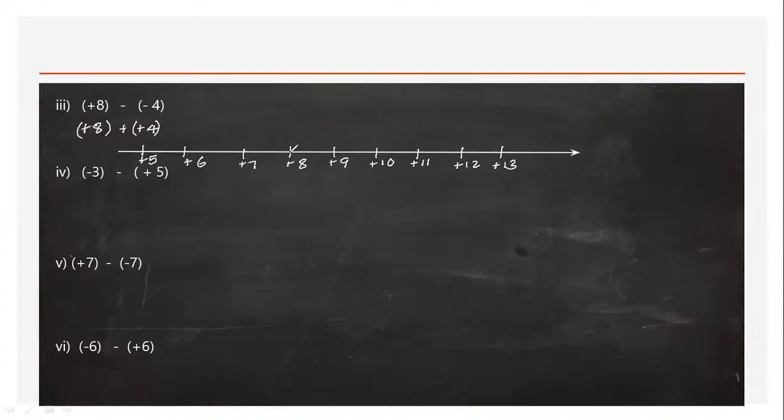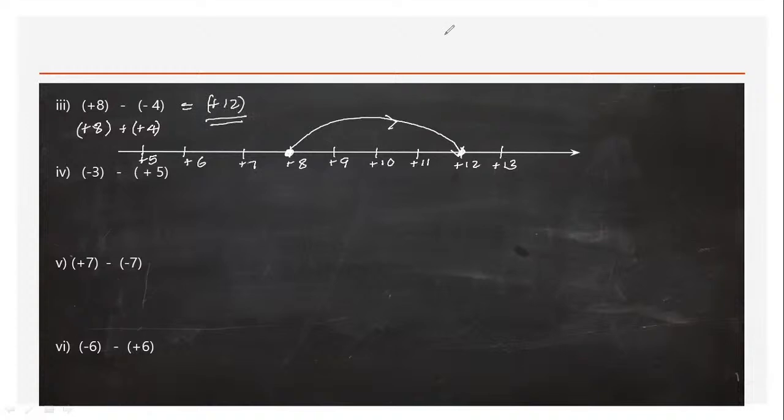Positive 8 is here. And jump 4 places towards the right-hand side, the positive side: 1, 2, 3, 4. 4 places. It means here. Then the answer is what? Positive 12.